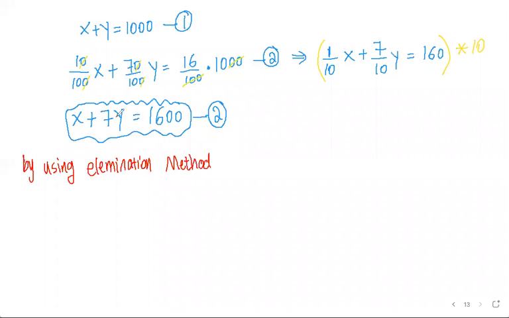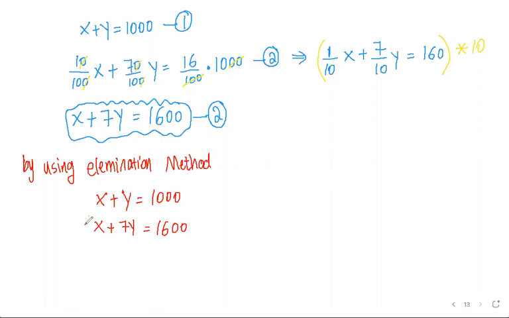The elimination method says I have to cancel one of the variables. Here I have x plus y equals 1000, and here I have x plus 7y equals 1600. So I'm going to cancel the x variable. To cancel the variable x, I have to multiply the second equation by -1.